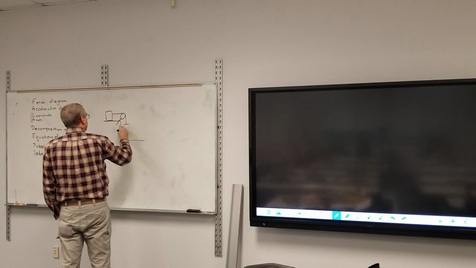Those are not masses, those are just identifying marks. So the first step of the force diagram, let's go ahead and establish a still Earth. I got object 1 there, got the rope, got object 2 here, and then the ground.